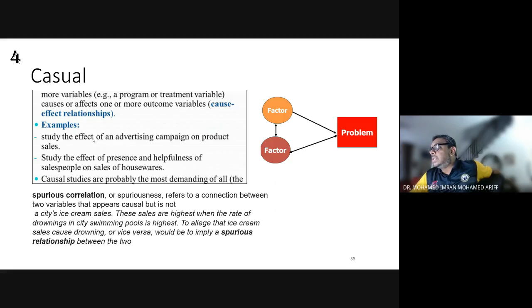Sebenarnya tak ada kaitan, tetapi secara kebetulan benda itu berada di dua-dua tempat. Sebab cuaca tinggi, ice cream naik. Sebab cuaca tinggi, orang drown, orang tenggelam. Sebenarnya orang tenggelam itu disebabkan oleh cuaca tinggi. Bila orang berenang, orang tenggelam lah. Itu je. Tapi cuaca tinggi juga menyebabkan ice cream.